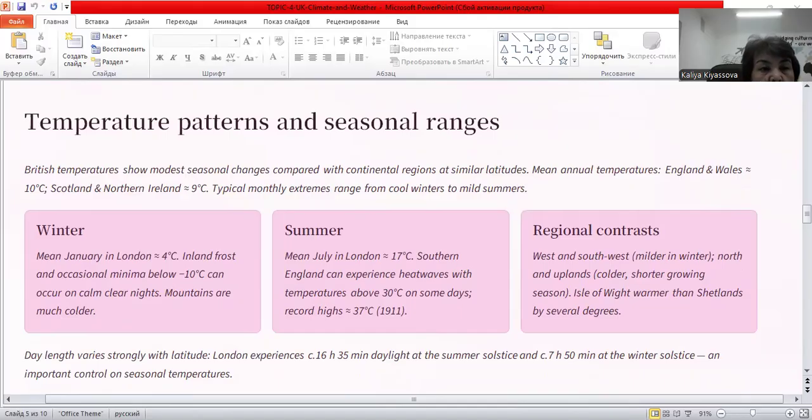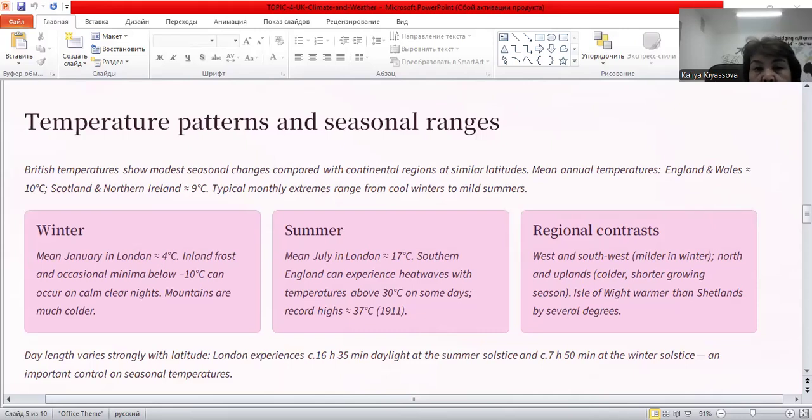For example, in winter, mean January temperature in London is 4 degrees. Inland frost and occasional minimums below minus 10 degrees can occur on calm, clear nights. Mountains are much colder.